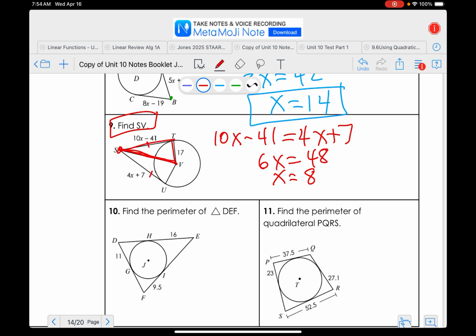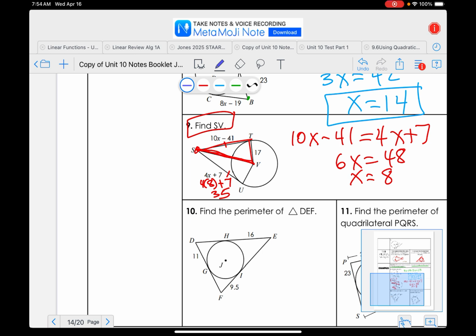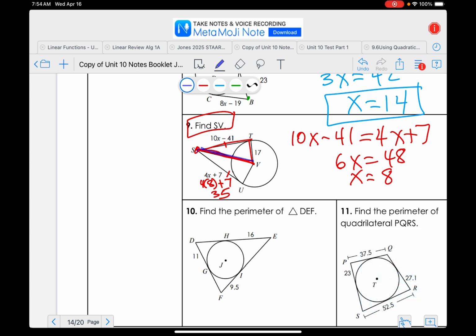So let's plug in 8 right here, and I get 35, right? 32 plus 7, yes. Then I'm going to do the Pythagorean theorem, and this is C, the hypotenuse. So 35 squared plus 17 squared. Take the square root of it. That's going to get you your hypotenuse.